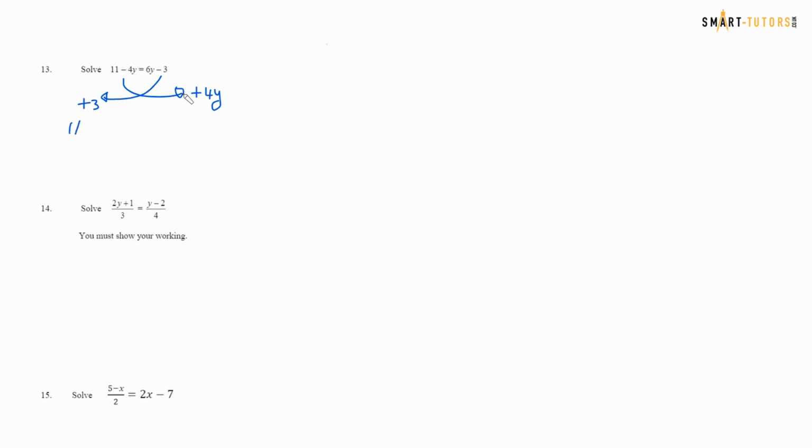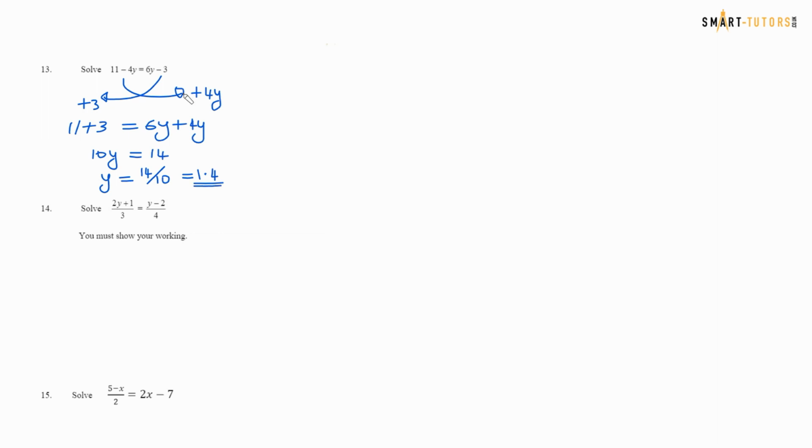So 11 plus 3 equals 6y plus 4y. 6 plus 4 is 10y equals 14, and y equals 14 divided by 10, which is 1.4. So that is the answer for question number 13.